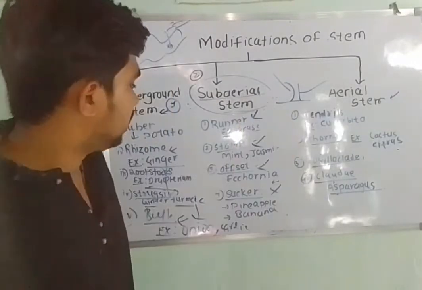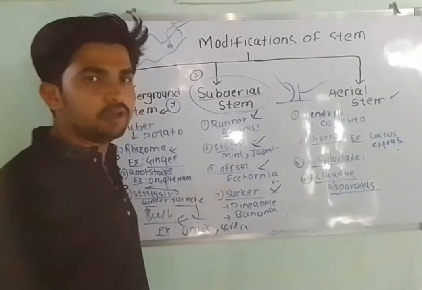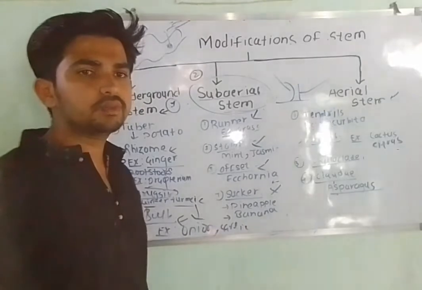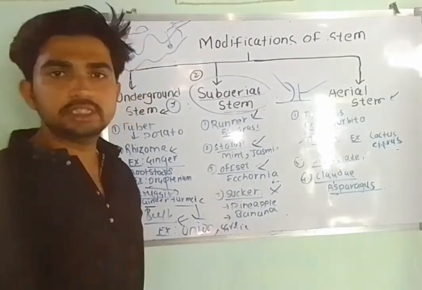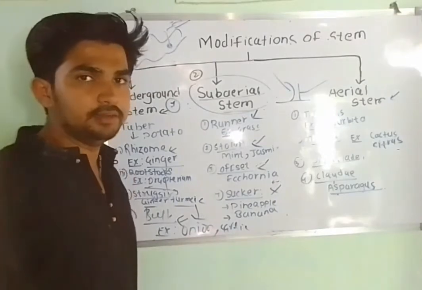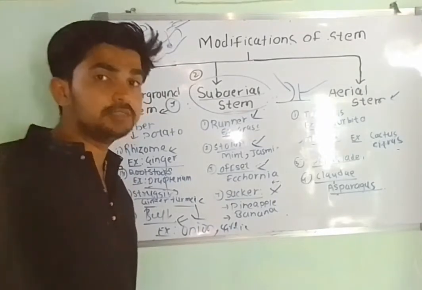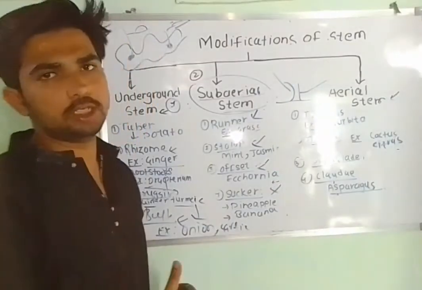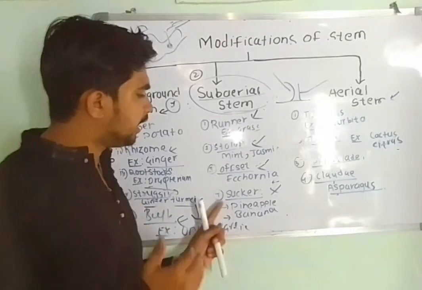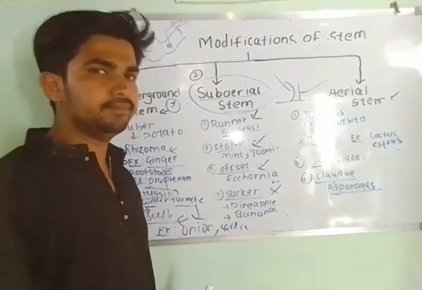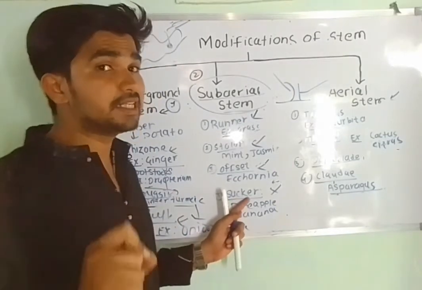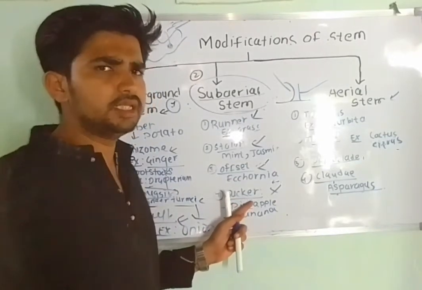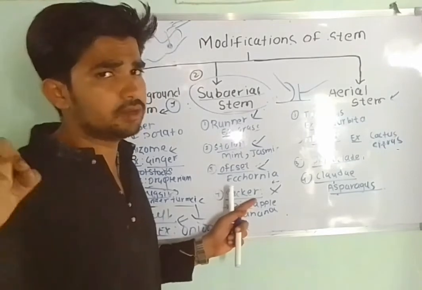The last one is the offset. What is meant by offset? Offset is present in water. The example of the offset is Eichhornia. It is a water plant.